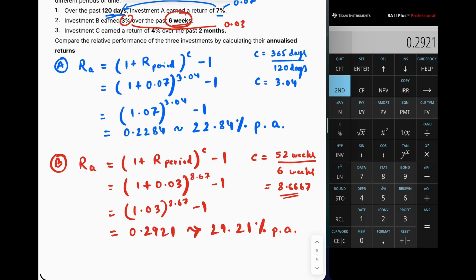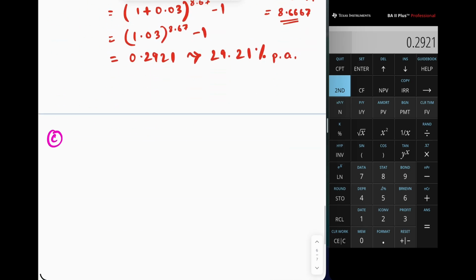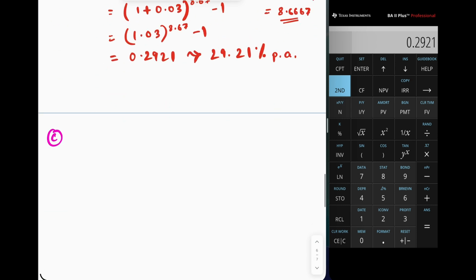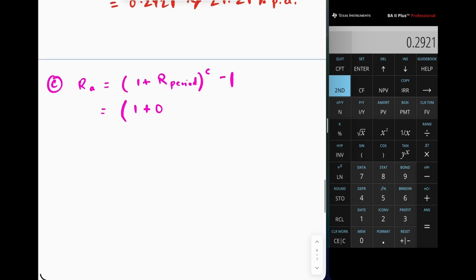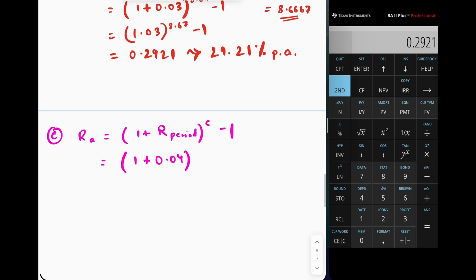Alright, let's do the last calculation, C. C was 4% for 2 months. So let me write (1 + R period) to the power C, minus 1. So 1 plus 4%, I can write as 0.04. Now, since the return is for 2 months, C would be what? I have to write it in terms of months.